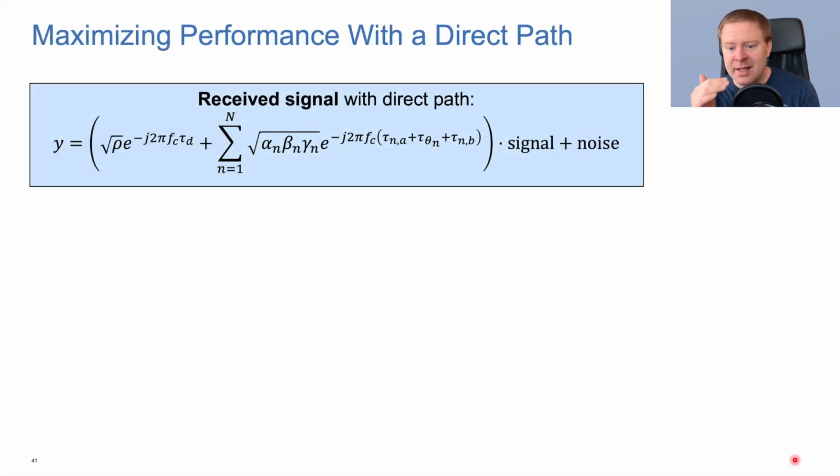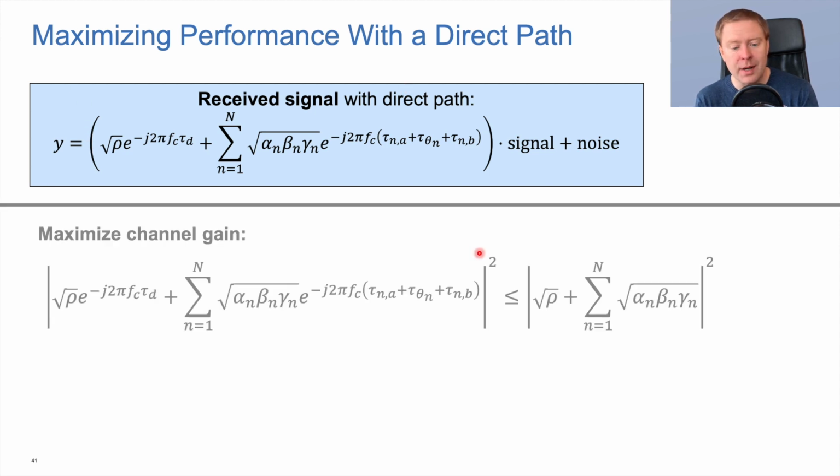If we add back the direct path, we have an additional path here, and then we have the contribution of the n elements, and the signal gets multiplied with this term. We add noise to it, and that gives us a received signal. And still, it's what goes into this parenthesis that we would like to maximize in absolute value square.